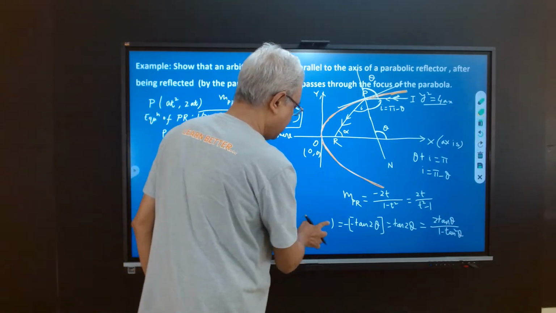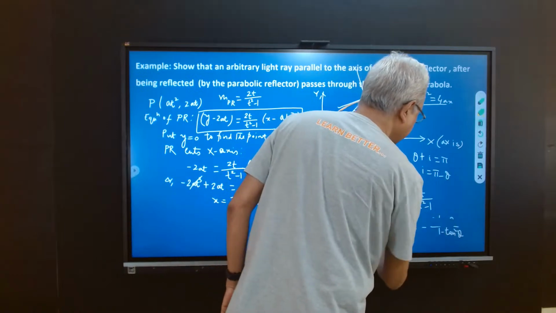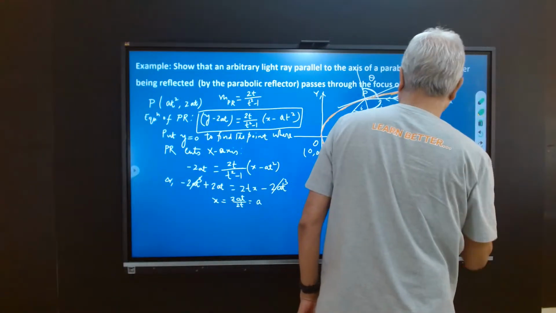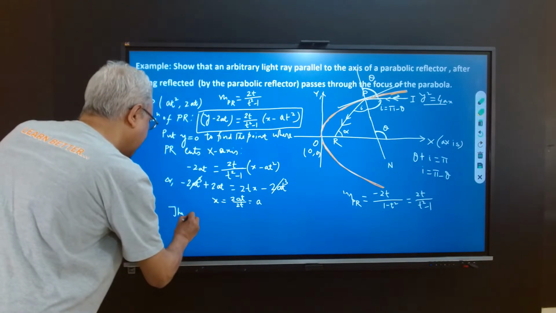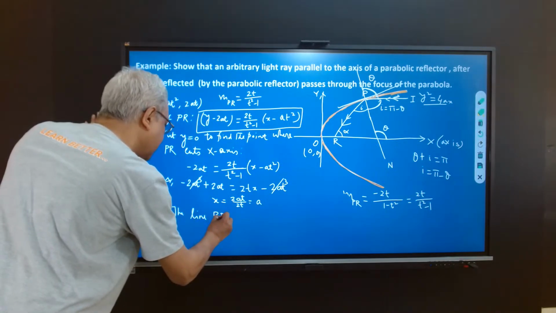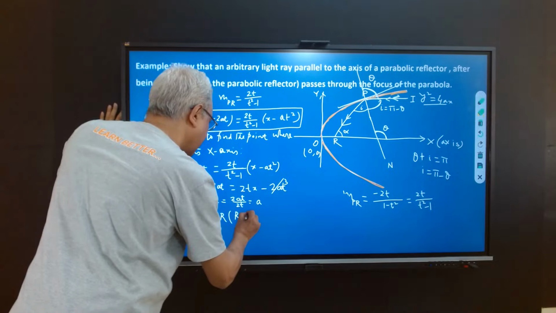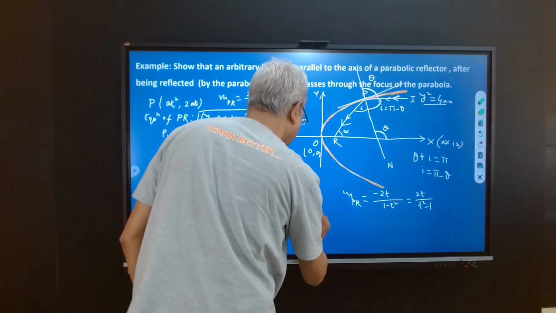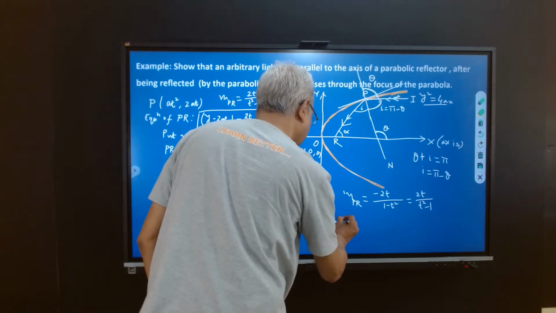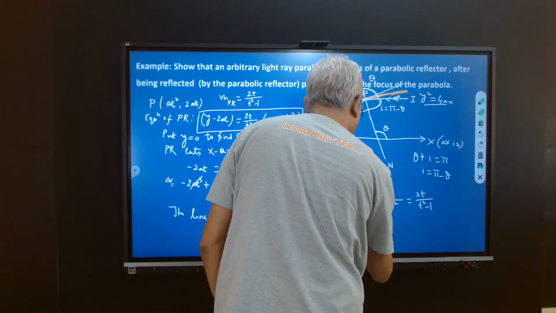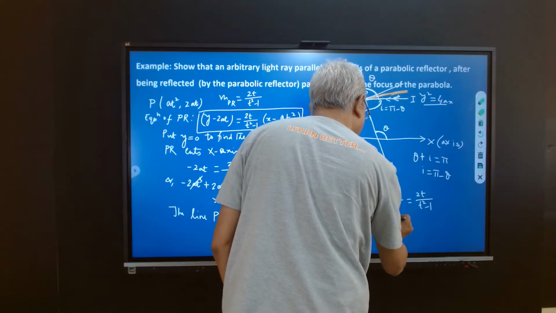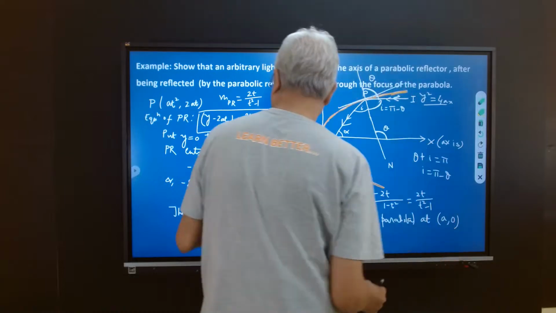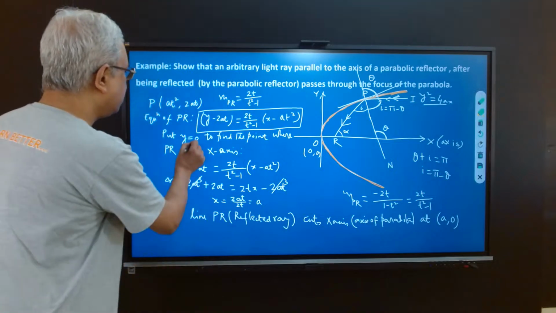So what I get from this is an interesting result. We get that the line PR, that is the reflected ray, cuts the x-axis, which is nothing but the axis of the parabola, at the point (a, 0), because x equals a and y equals 0.